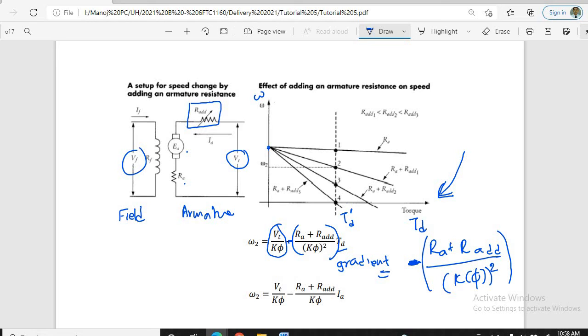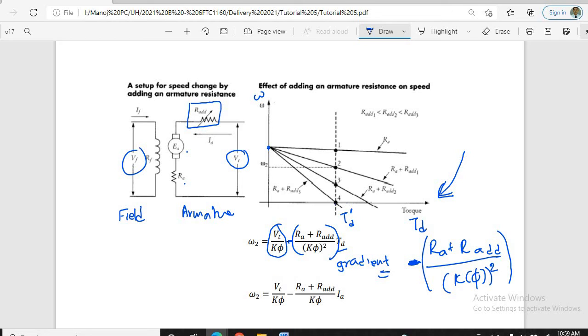Omega will reduce like this, right? At point 4, the value of omega is equal to 0, right? Omega is equal to 0 at operating point number 4.